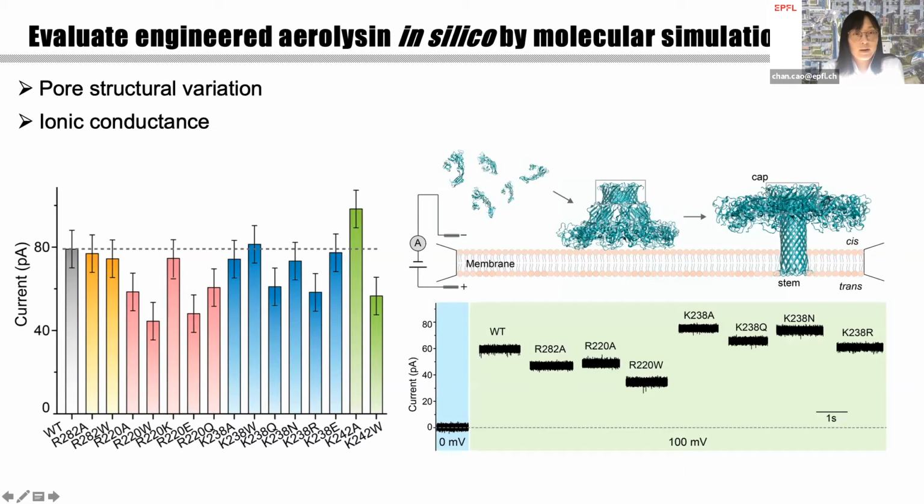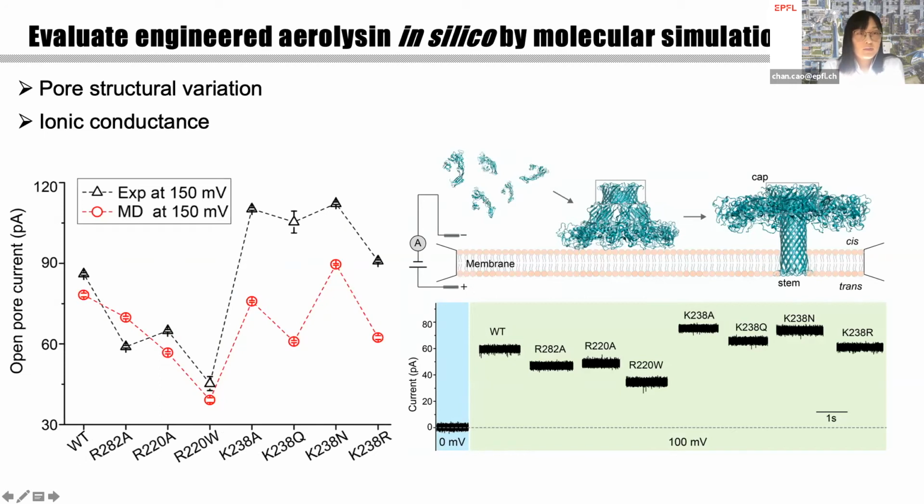We purify the monomer protein, which will form a prepore structure first, and then it will insert into the lipid bilayer and form the pore structure. And here is the open pore current I collected from them. This is a comparison of the experimental result and MD. You can see more or less we have a good tendency. It's comparable. And we do have very low current with 220A.